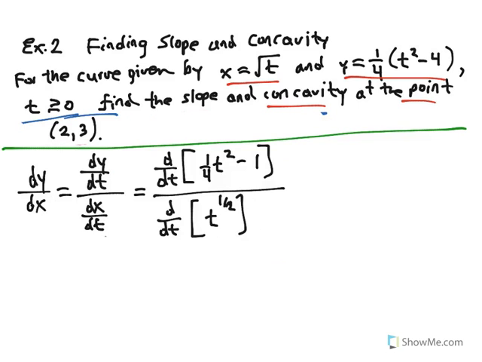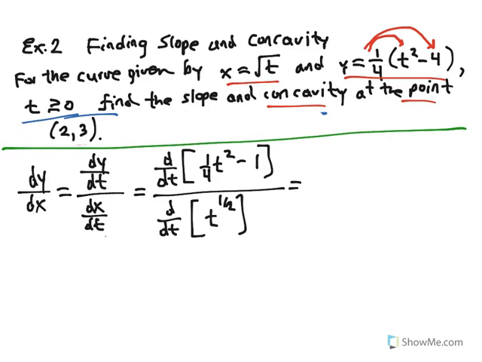So to find dy/dt, you can begin by distributing the 1/4 to t squared and minus 4. That's an optional thing to do. And then for x equal to the square root of t, you'd like to write the square root of t as t to the 1/2. So now we will use the power rule for differentiation to help us find dy/dt and dx/dt.